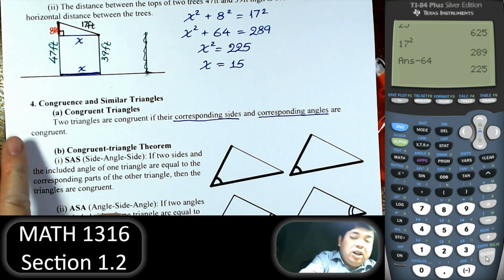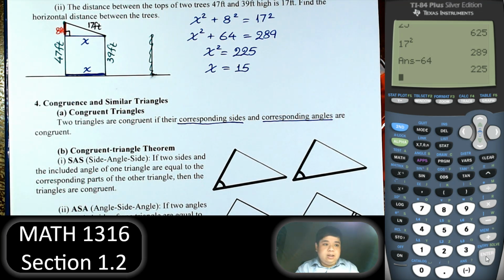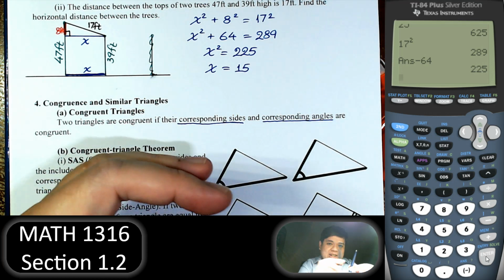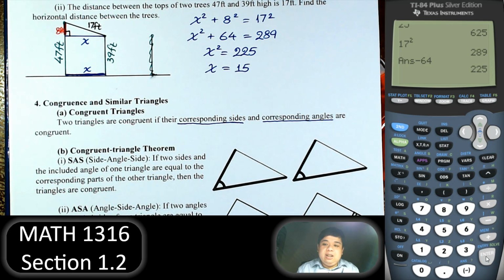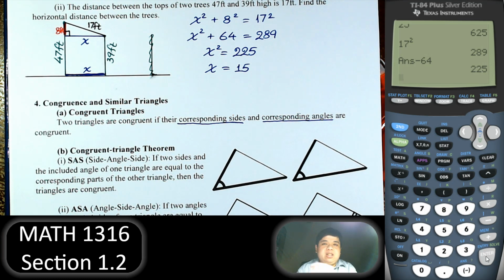The reason we don't use the word equal is because congruent means that the shape is the same. So the measures of the angles are equal and the lengths of the sides are equal. One is the length, one is the measure of the angle, but all of them can be said to be congruent.